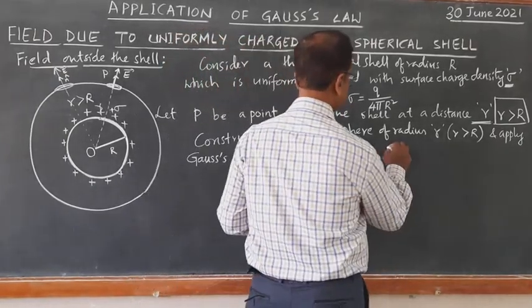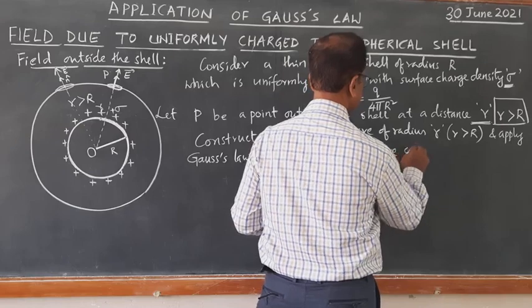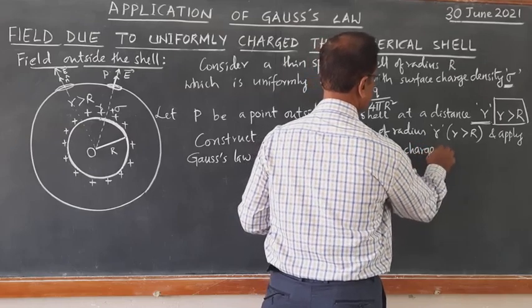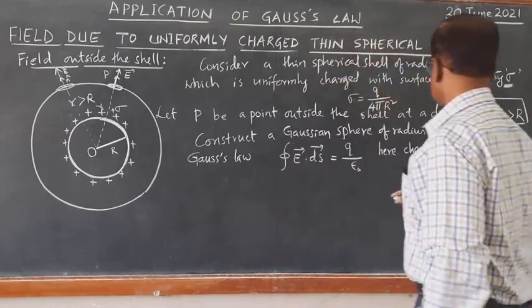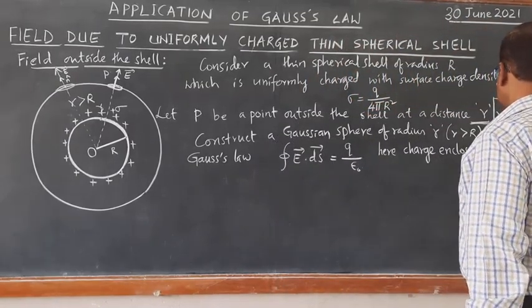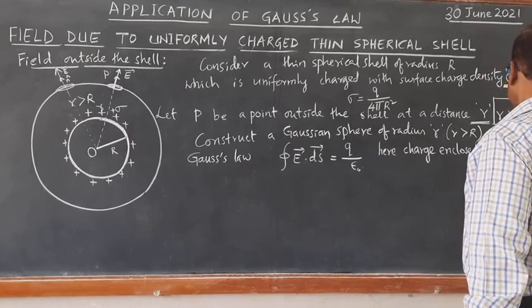Here, charge enclosed Q is equal to sigma into 4 pi r square.